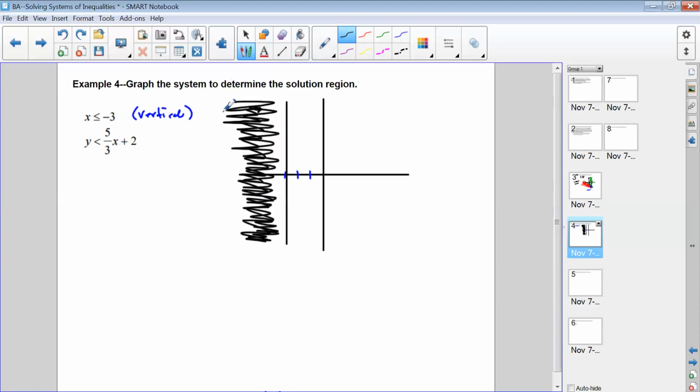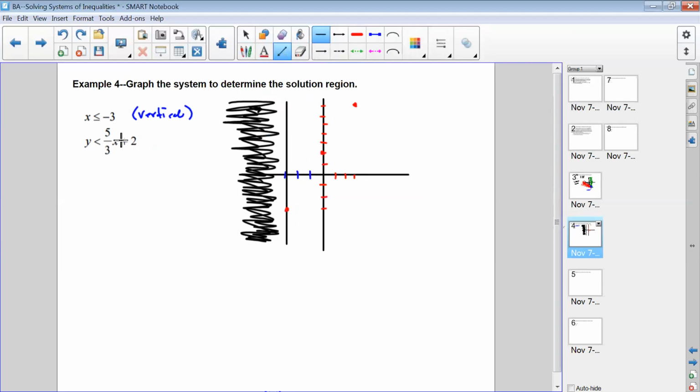Now I want to graph this one. So I'm going to go to 2 on the y-intercept, and I want to plot the slope, increase 5, 1, 2, 3, 4, 5, and increase 3. So here's my ordered pair here. Or I could go down 5, decrease 5, 1, 2, 3, 4, 5, and decrease 3.